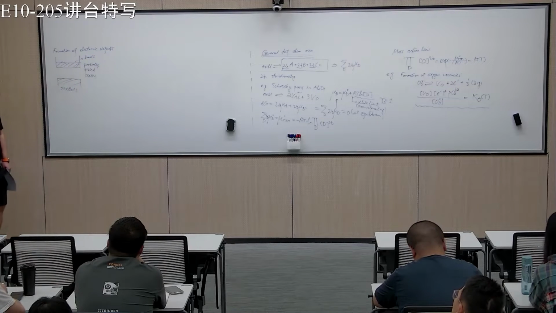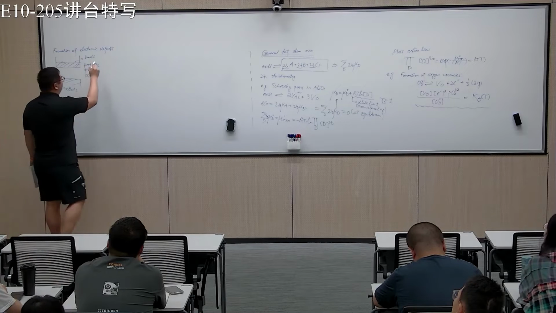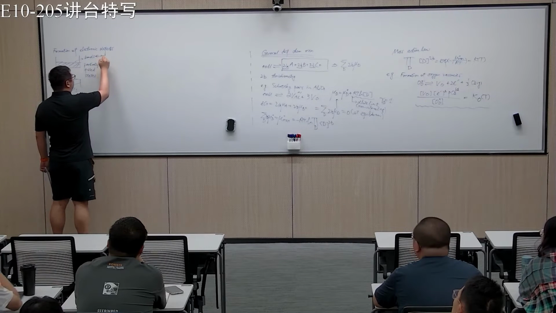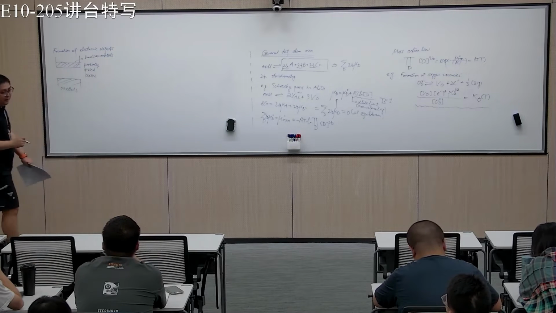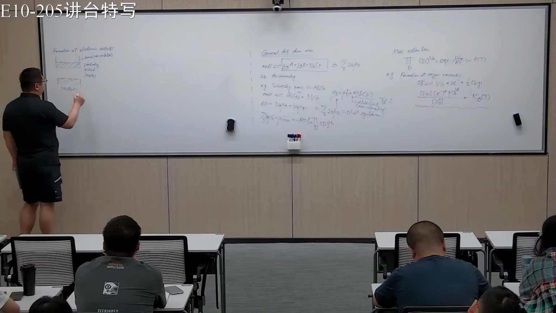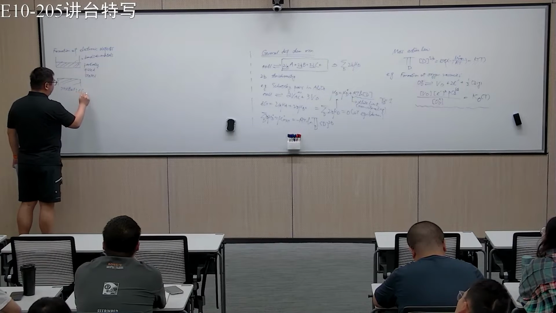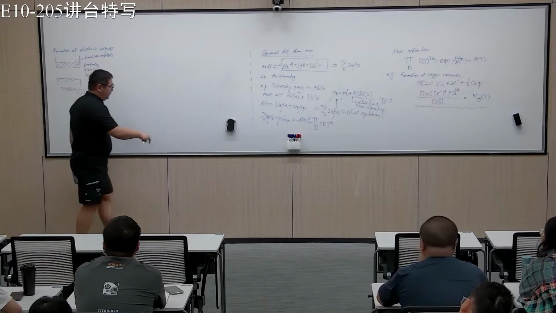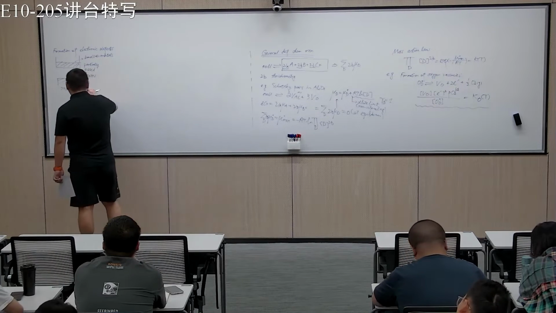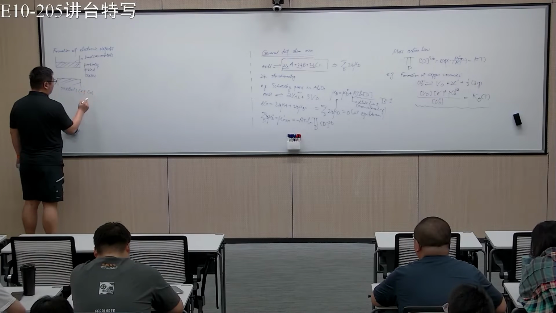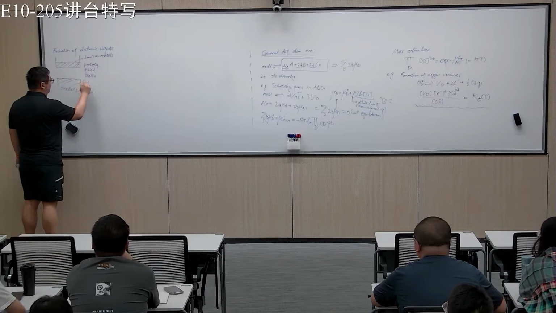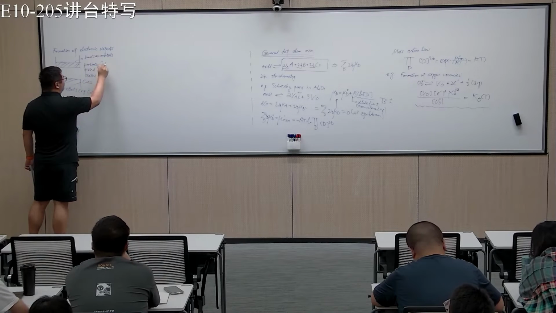Energy bands, 能带 in Chinese. So basically, you have atomic orbitals from this one. For example, if we use copper as an example, this can be copper 1s, and this can be copper 3d.